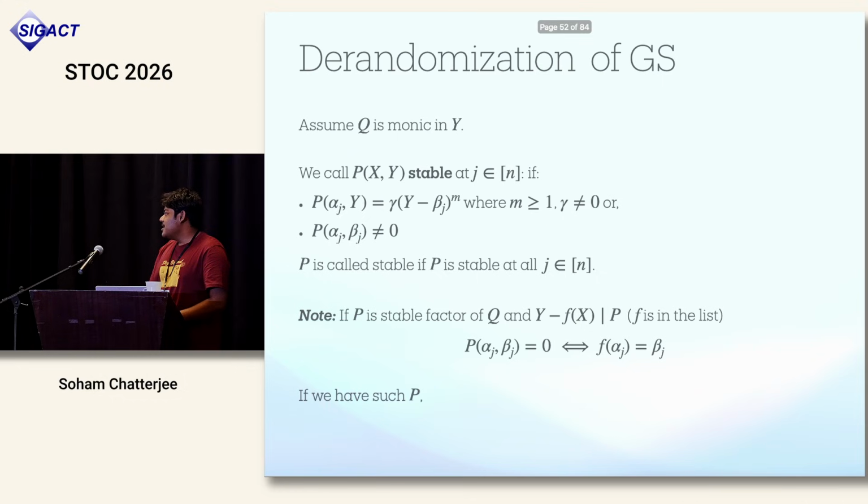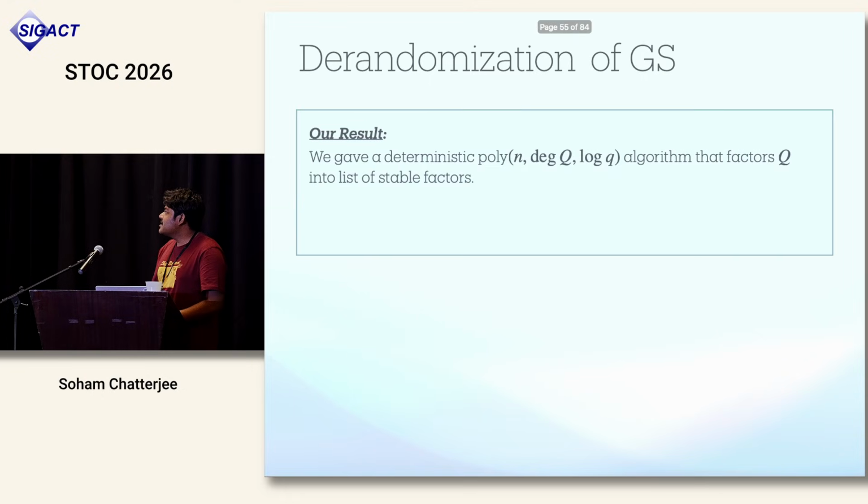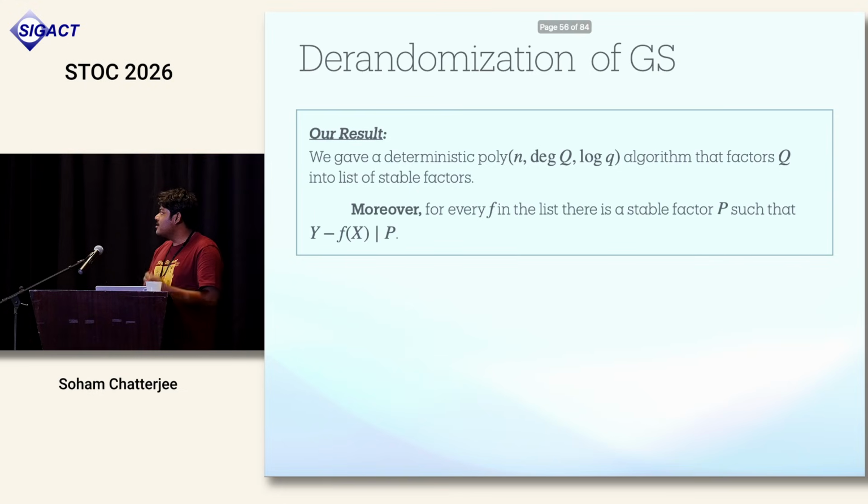So if somehow we get our hands on P such that y minus f(x) divides P, then we can go over all the points where P(alpha_j, beta_j) is 0, and from those points we can interpolate f. So we gave a deterministic algorithm that, given Q, a bivariate polynomial, gives you a list of stable factors of Q, and moreover, whenever you have a polynomial f in the list, y minus f will divide at least one of the stable factors.